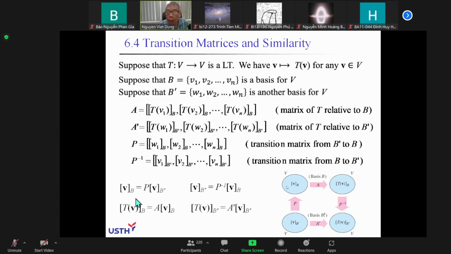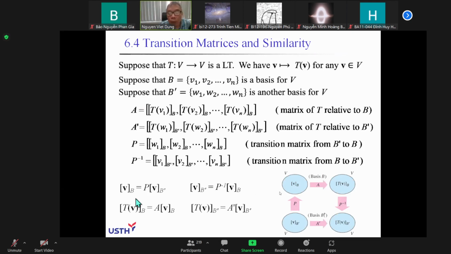At the top, that is the same linear transformation T, but on the domain and codomain we consider the basis B. Because of that, the matrix of T relative to the basis B will be A. So here we have the matrix A, and here we have the matrix A prime. But how can we move from the coordinate of V in B prime to the coordinate of V in B? That is here.